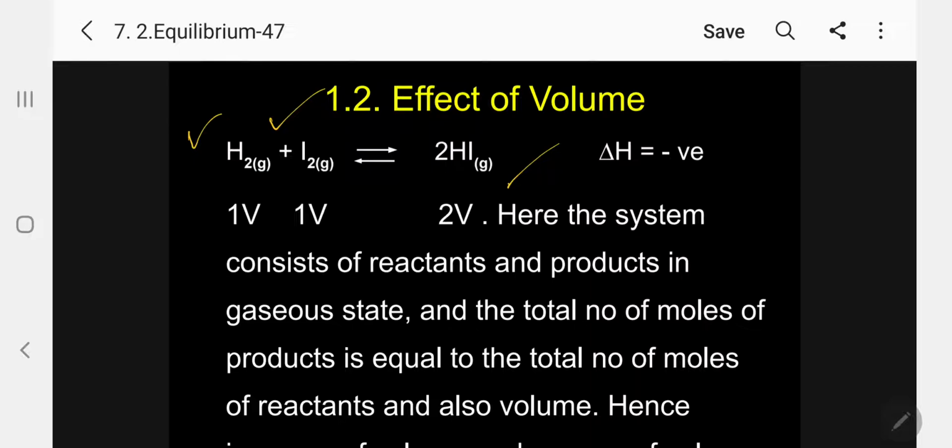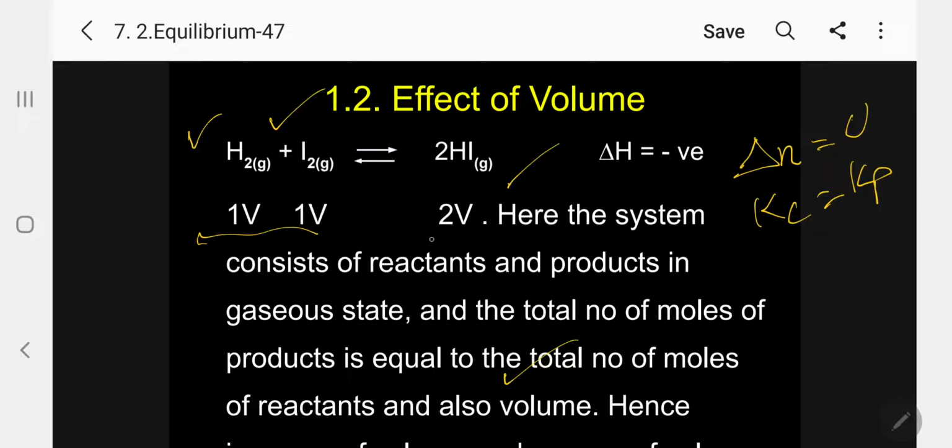Kindly follow. As usual, we have already discussed delta n equal to 0. Now for the volume, kindly see that on both sides the volumes are equal. That means delta n equal to 0, and we already said Kc equals Kp. Here the system consists of reactants and products in gaseous state, and the total number of moles of products equals the total number of moles of reactants, and the volume is also equal.